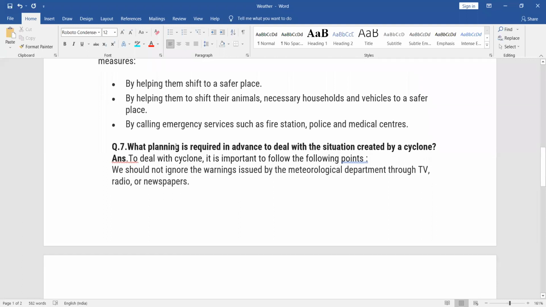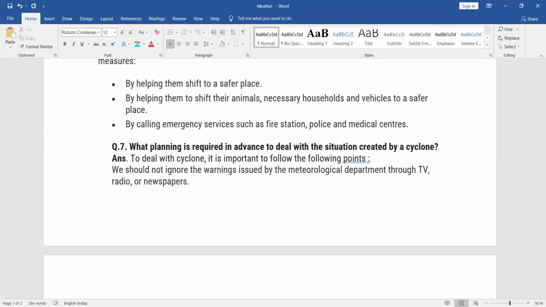What planning is required in advance to deal with the situation created by the cyclone? If we know that the cyclone is approaching, what points should we take care of? What planning do we have to make? We should not ignore the warnings issued by the meteorological department through TV, radio, or newspaper.